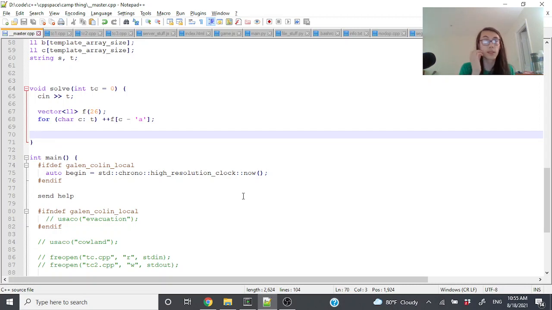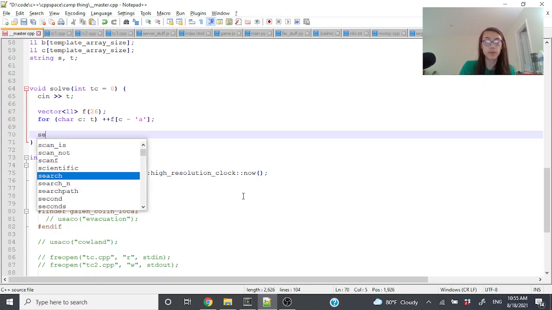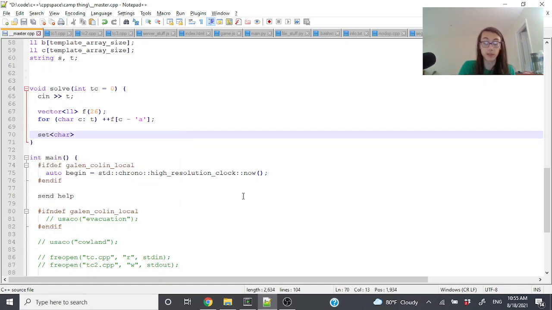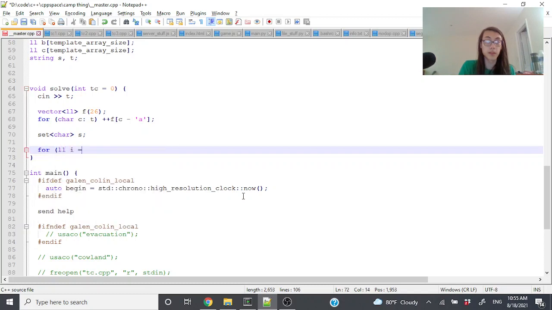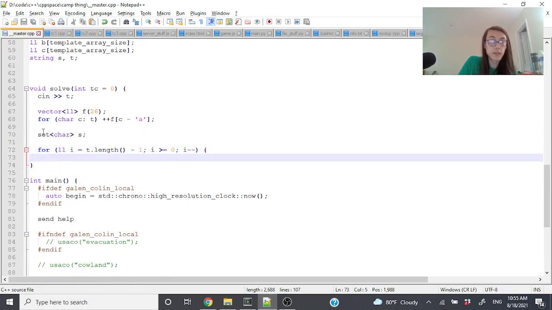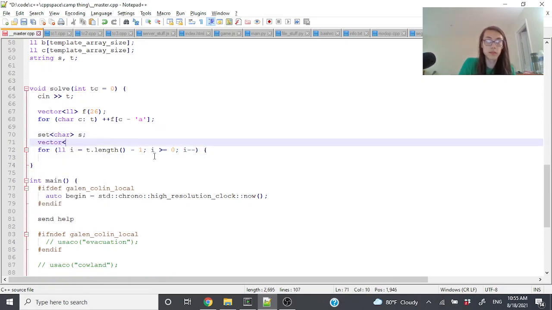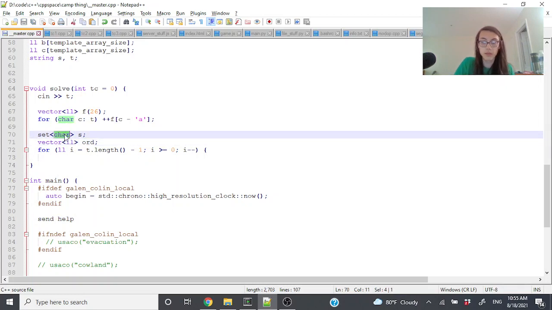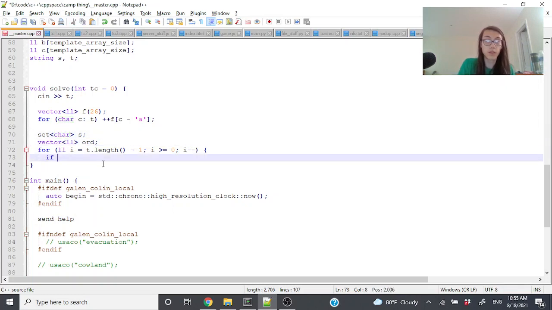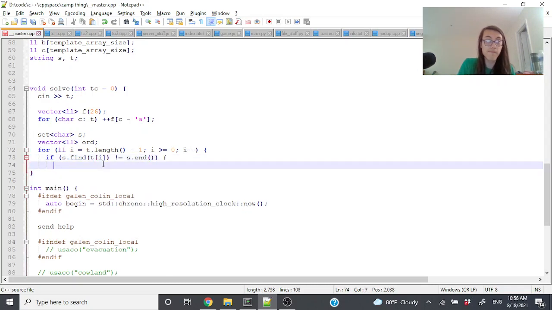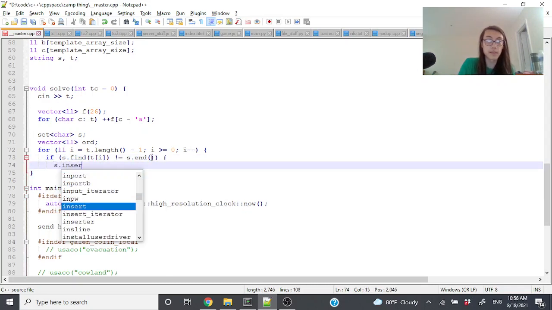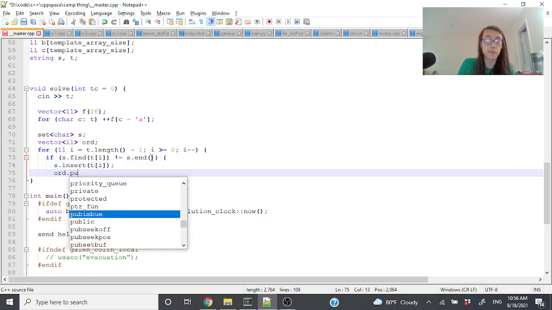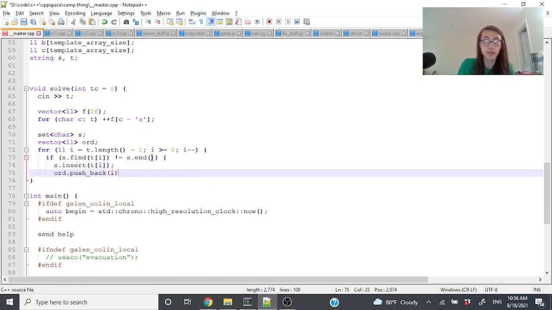And in fact, what we can do is find out the order right now. For l = T.length - 1, l--: if S.find(T[i]) is not equal to S.end, S.insert T[i], or push_back i.